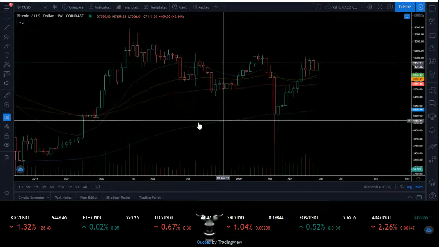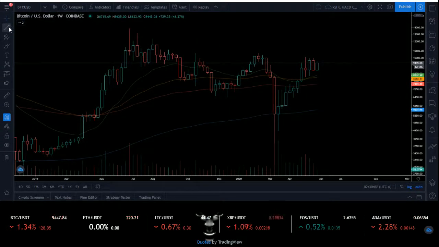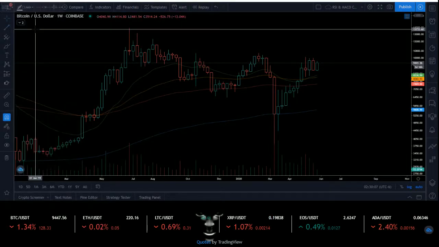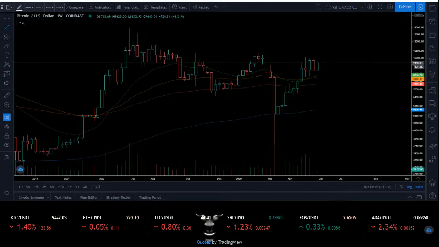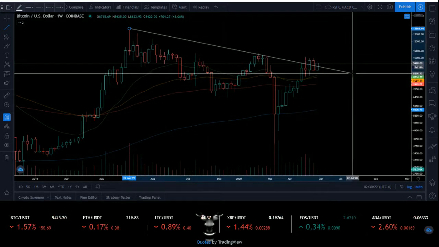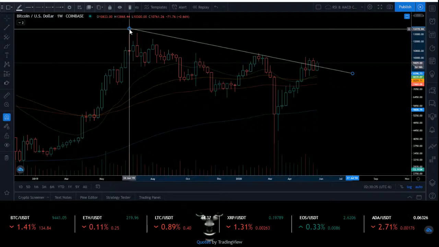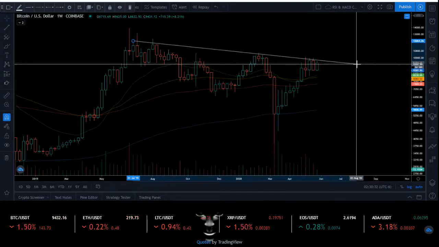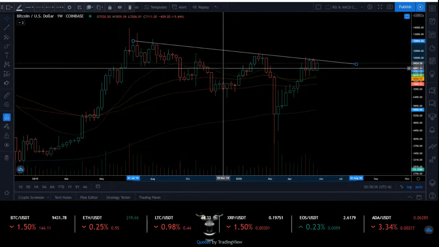All you have to do is select here in our tools in TradingView. If you don't know where to get TradingView, you have to search tradingview.com. Then open our chart, and we just draw our trend here. So this is the resistance.